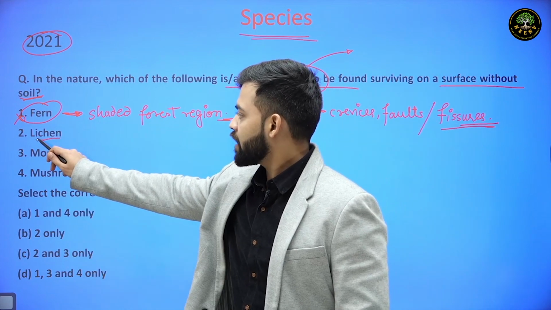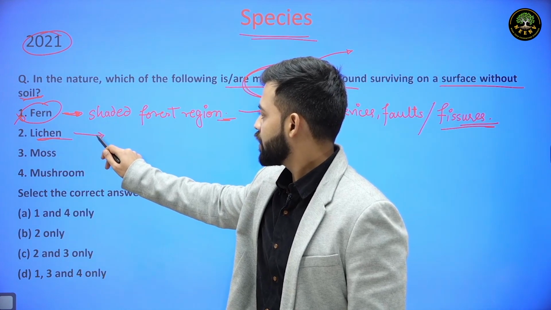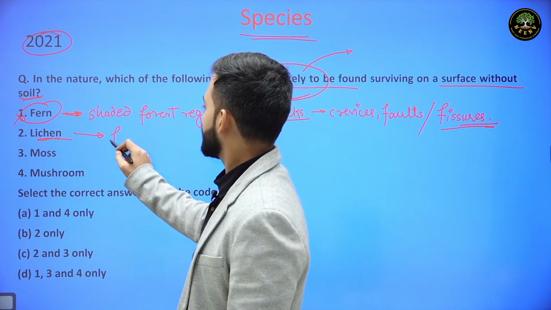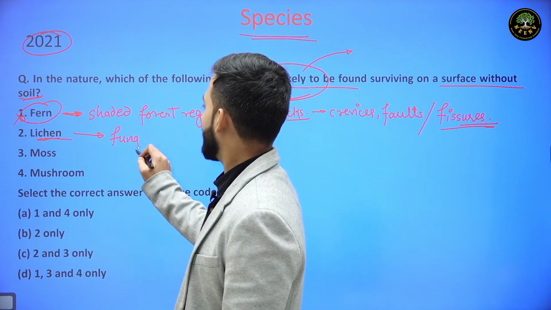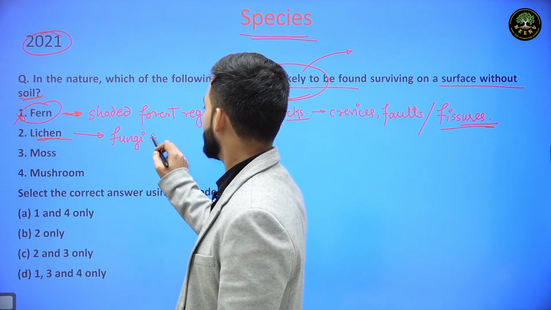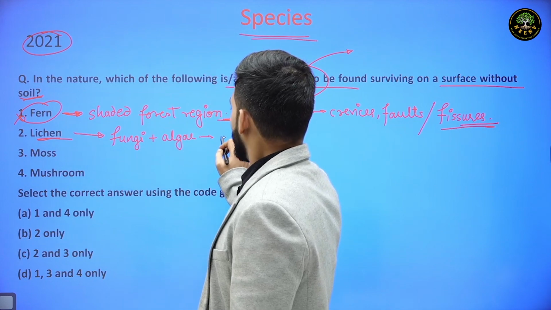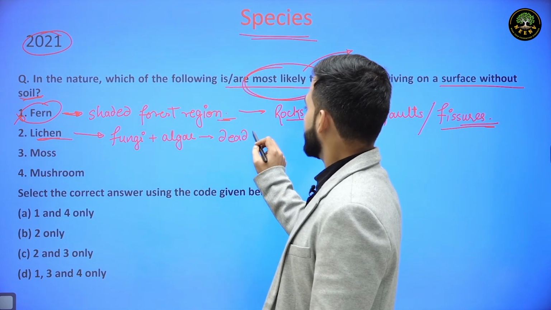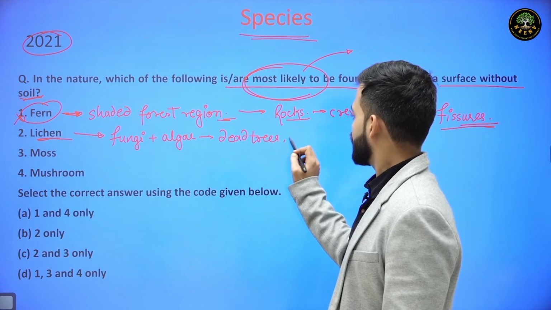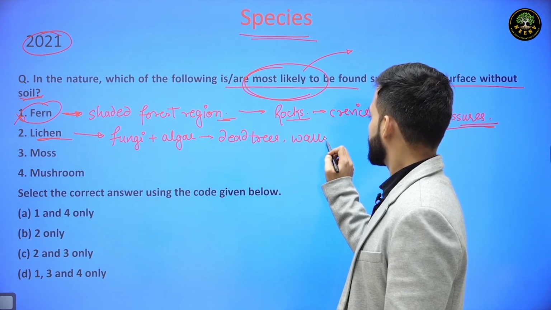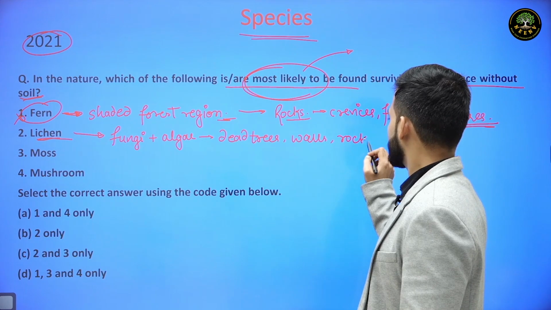As far as lichens are concerned, lichens are basically having symbiotic relationship between fungi and algae, and they are grown in dead trees, walls, rocky surfaces.